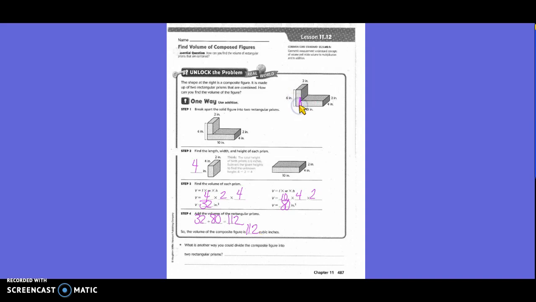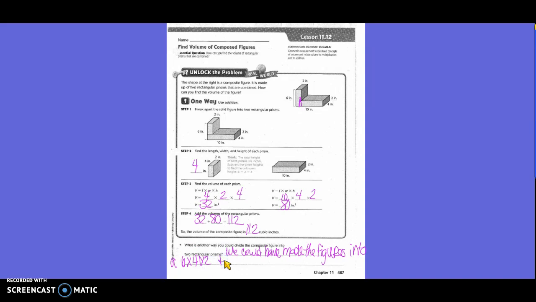Right here? Yes, so then that would have been a what? A 6 by 4 by 2. So we could have made the figure into a 6 by 4 by 2.